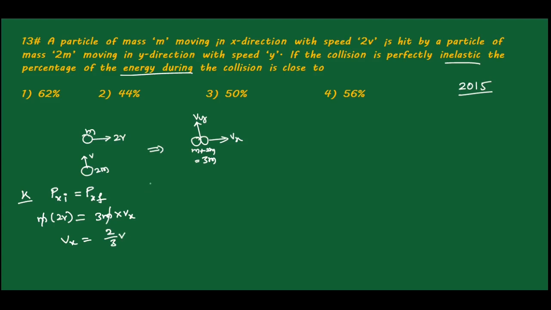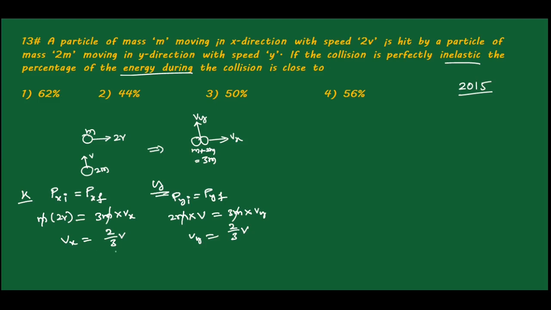Okay, so next find out in y direction. Momentum in y direction initially and momentum in y direction final. Initially it is with 2m mass and velocity v, and finally it is 3m with vy. Now find out vy, m cancels, and you will again get 2 by 3 v.